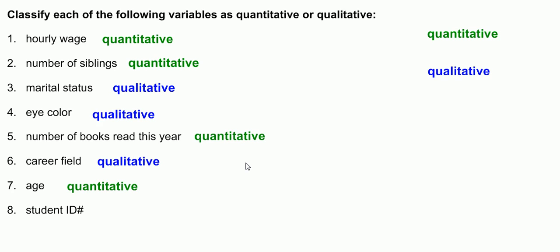It doesn't measure anything, right? The digits in it don't mean anything about you, right? Things like phone numbers and zip codes, you would never subtract 2 zip codes and try to make sense of it. So even though it's numbers, that would be considered qualitative.